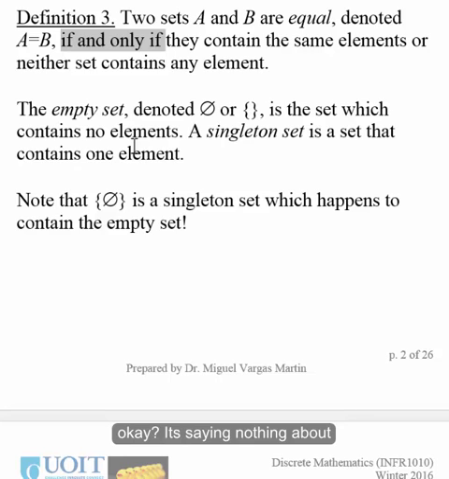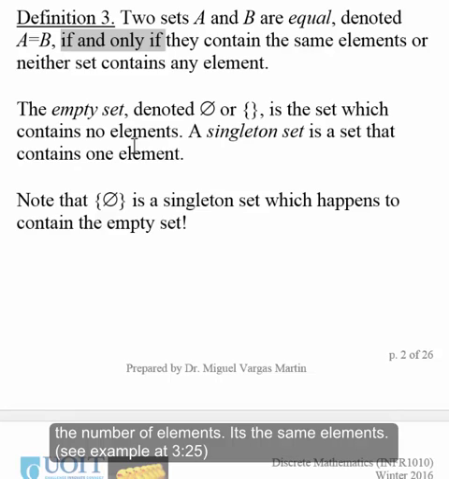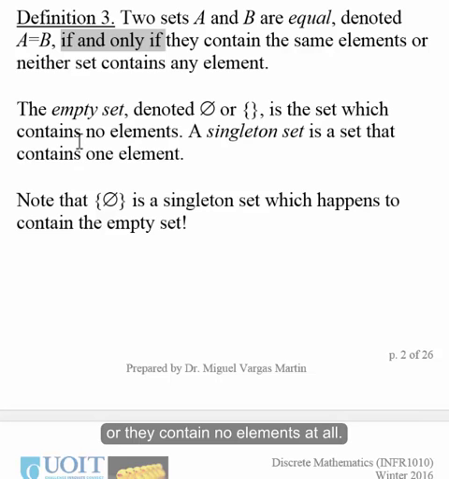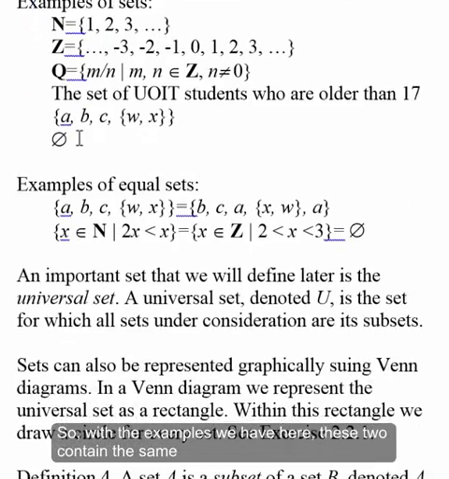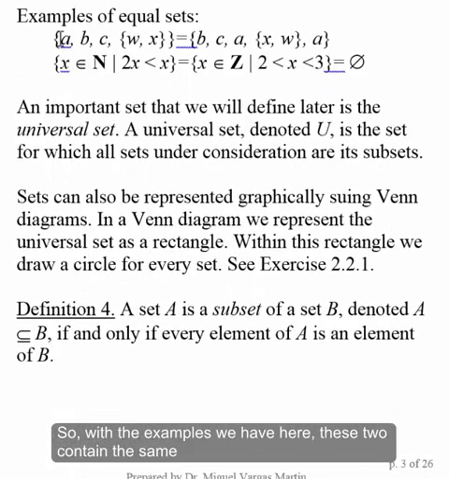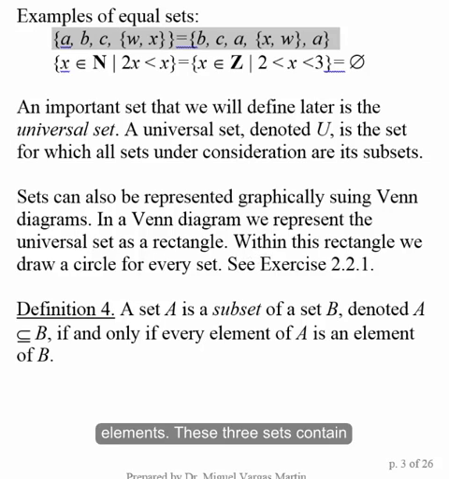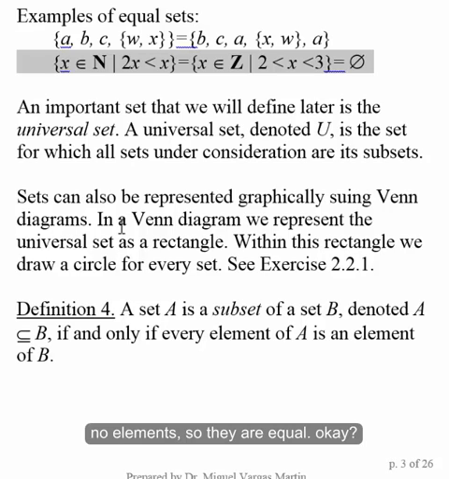Okay? It's saying nothing about the number of elements. It's the same elements. Or they contain no elements at all. So with the examples we have here, these two contain the same elements. These three sets contain no elements, so they are equal.